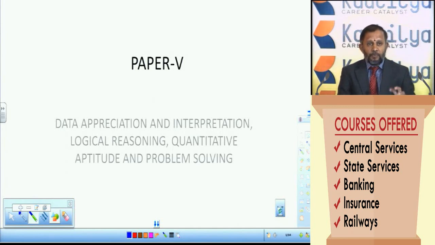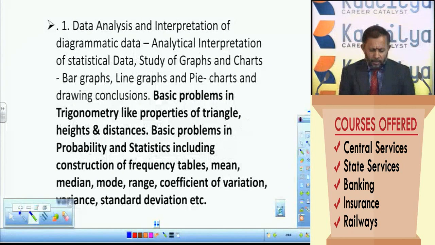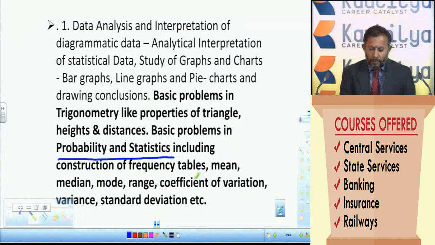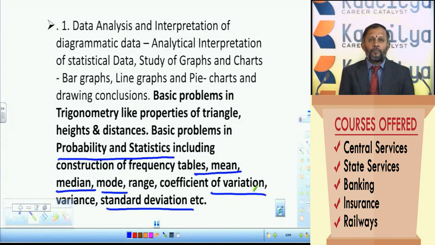These questions are based on 9th and 10th class school level standards, because if you go through the syllabus in detail, we have the concepts regarding probability, and then basic concepts of mean, median, mode, and in particular standard deviation, and some of the concepts regarding variations. So these concepts are new as compared to previous papers.